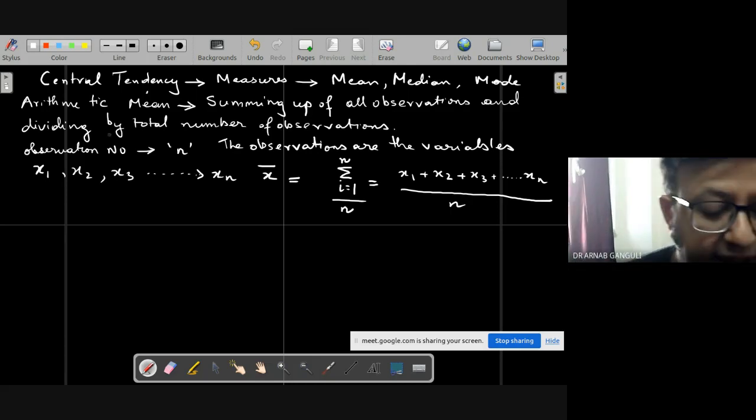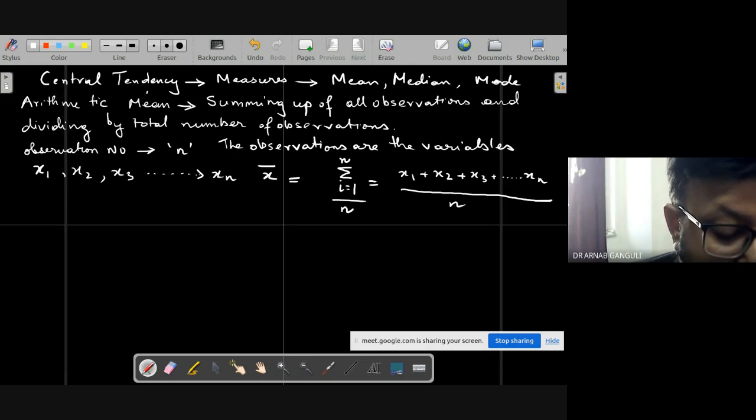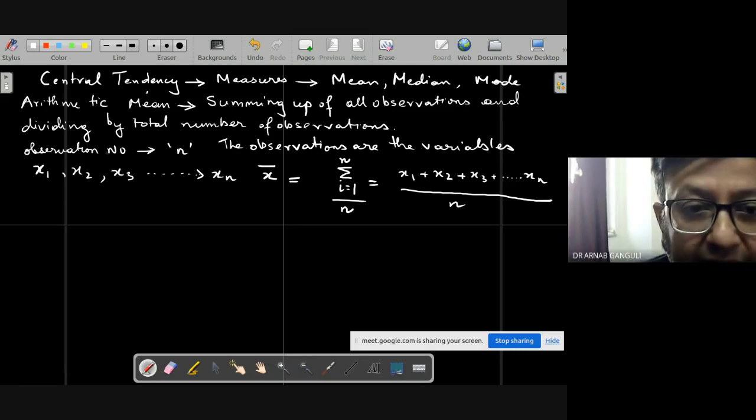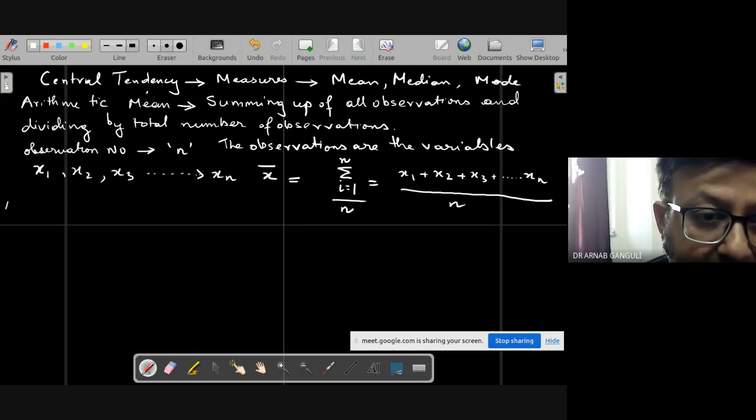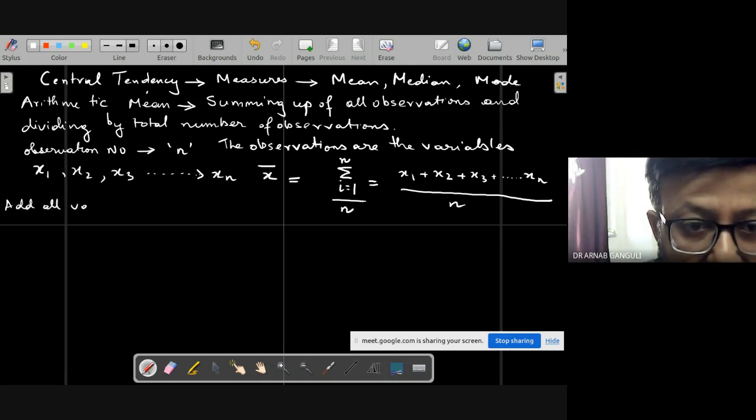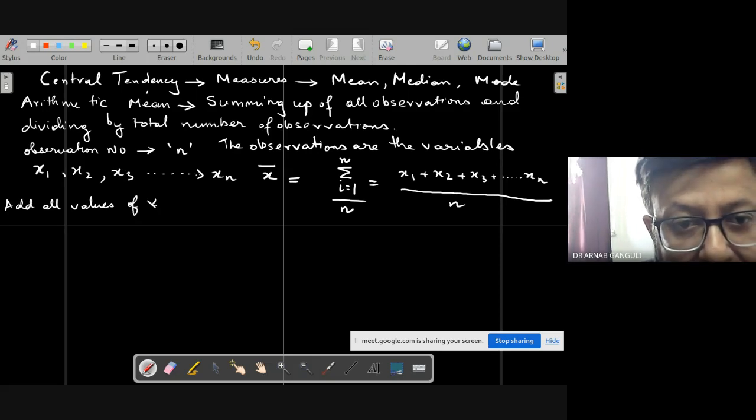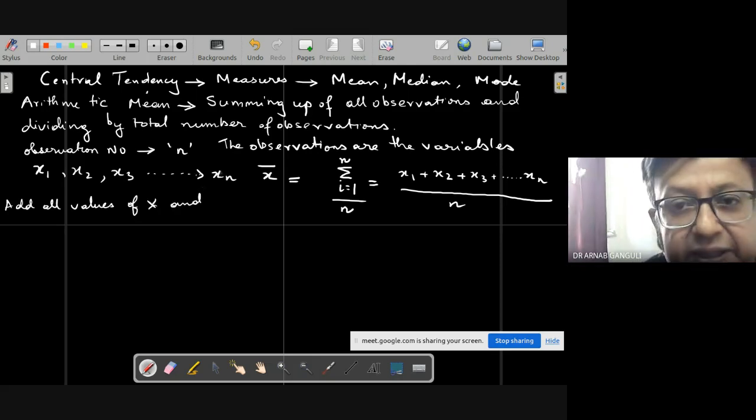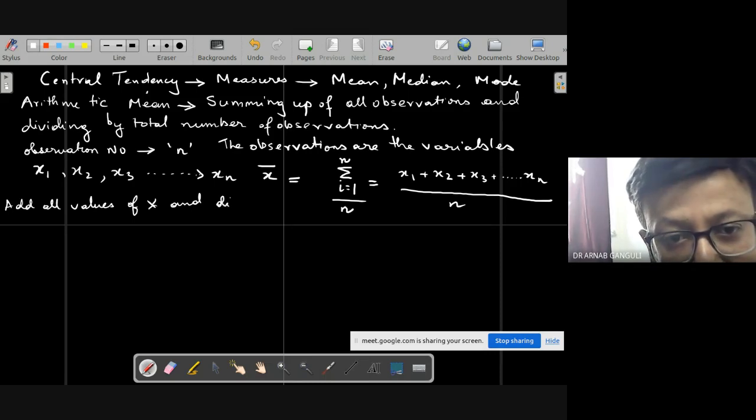Basically the steps are: add together all values of x and divide by the number of observations.